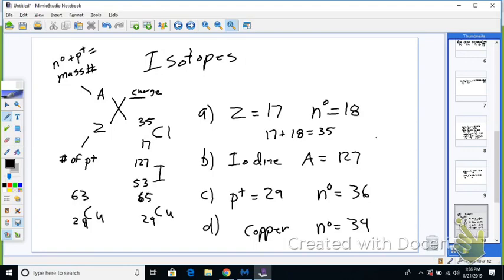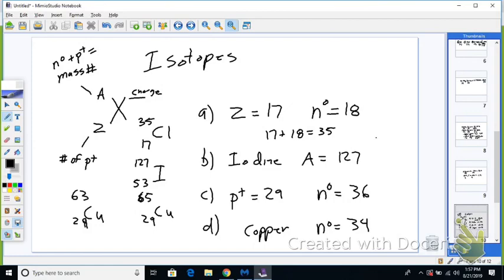So I want you to go ahead and look at the weight, or what we call the atomic mass or atomic weight for copper. What is the atomic weight for copper? 63.546, right? So which of those two isotopes do you think is most common in that sample?